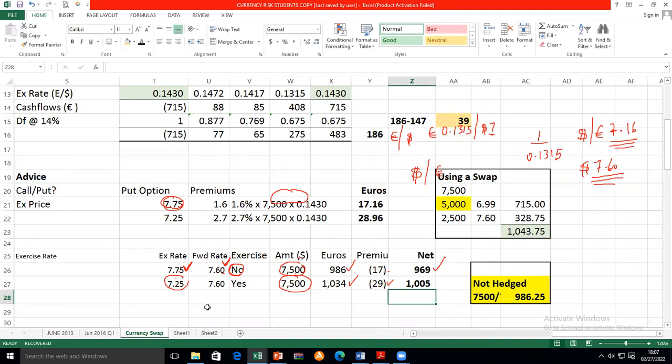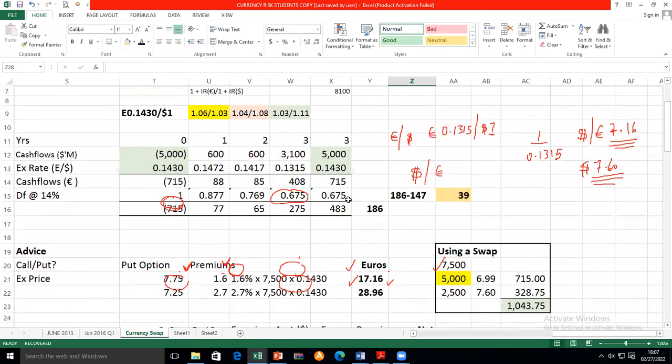So now, what are we going to do? Let's compare. If you use an option, this is what will happen. What if you use a swap? When you use the swap, how much did we get? Let's go to the final year. Here, we have the 75 that we received under a swap.